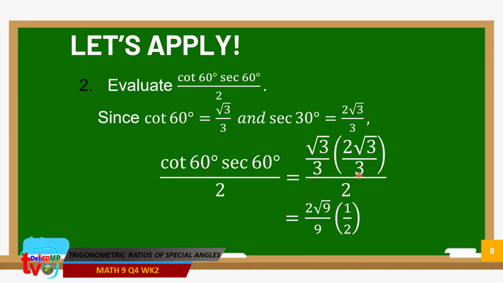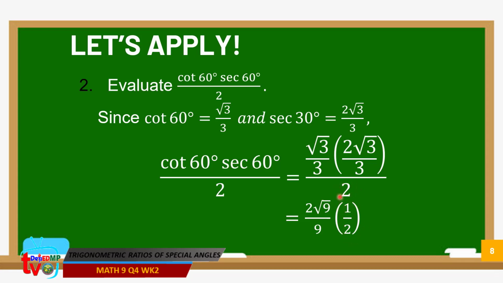Next, 3 times 3 is 9. I already simplified the division symbol here. Remember that when dividing fractions, instead of dividing, you can multiply the fraction by the reciprocal of the divisor. So the reciprocal of 2 is 1/2.